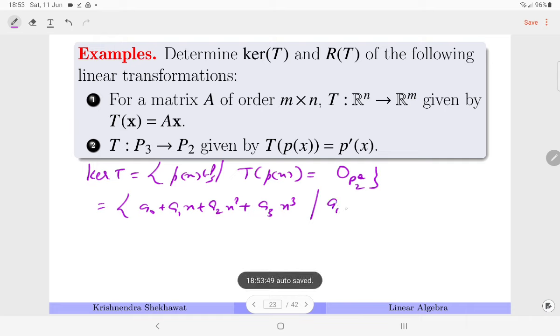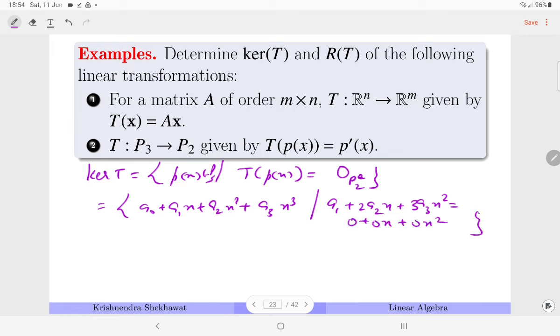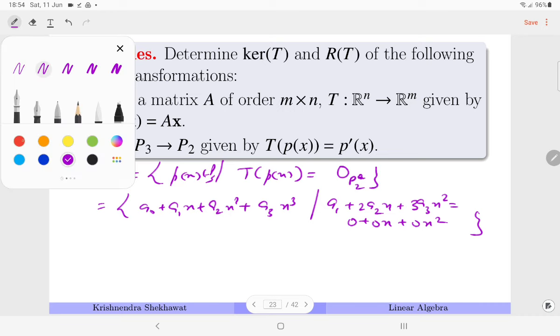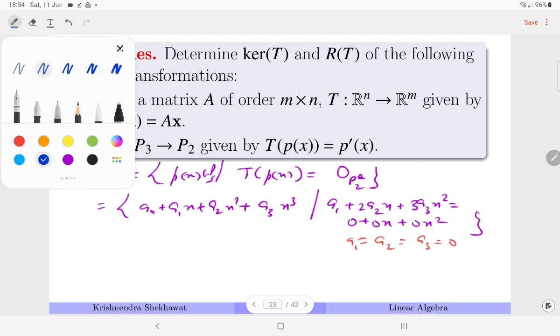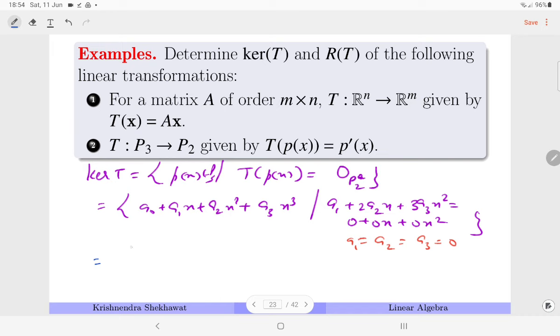Now p'(x) is a1 plus 2a2x plus 3a3x squared, which is 0 plus 0x plus 0x squared. If I compare the coefficients, then it gives us a1 is 0, a2 is 0 and a3 is 0, and therefore my kernel T is a0 such that a0 belongs to R.